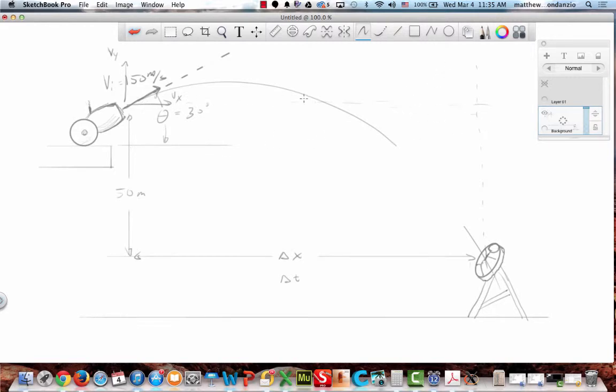So the time it takes to go horizontal is the exact same time it needs to go vertical. If it takes longer to get horizontally to the target than it does vertically, where does my cannonball land? Short of the target, because it means it's going slower, and it takes longer to go slower.